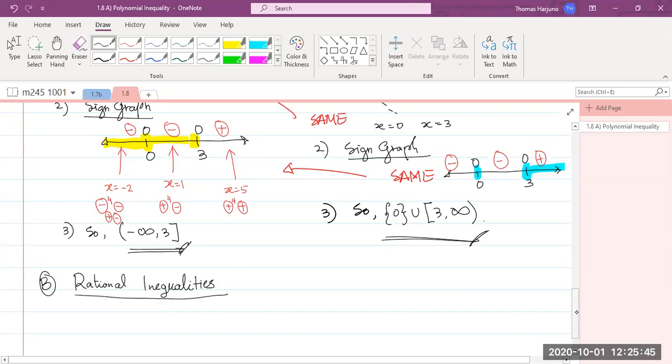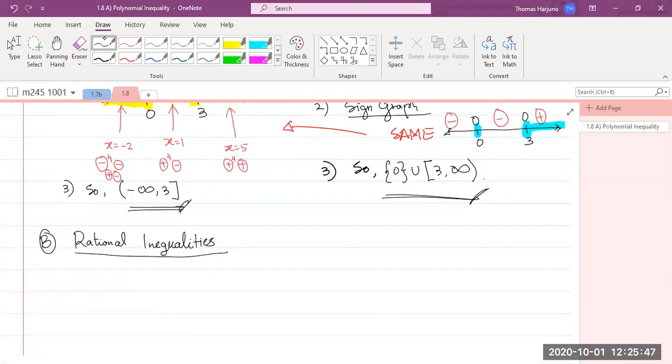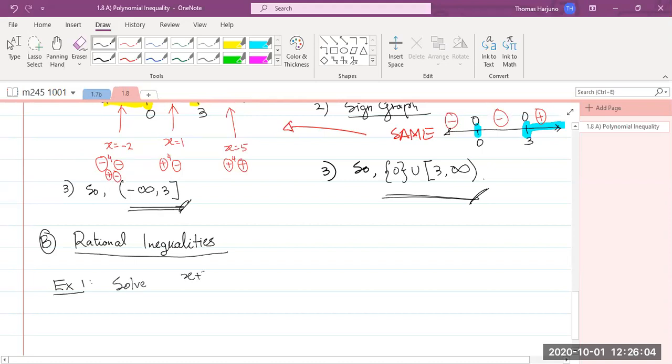The way we do this is similar, except that we have critical numbers that come from undefined. Let's say, for example, if we need to solve (x + 2) over (x squared minus x minus 6) greater than or equal to 0.